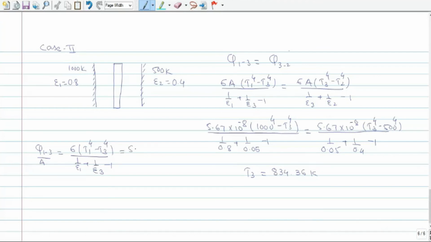So it is 5.67 into 10 to the power minus 8 in the bracket 1000 to the power 4 minus 834.36 to the power 4 divided by 1 upon 0.8 plus 1 upon 0.05 minus 1, and you will get the answer, that is 1.43 kilowatt per meter square.